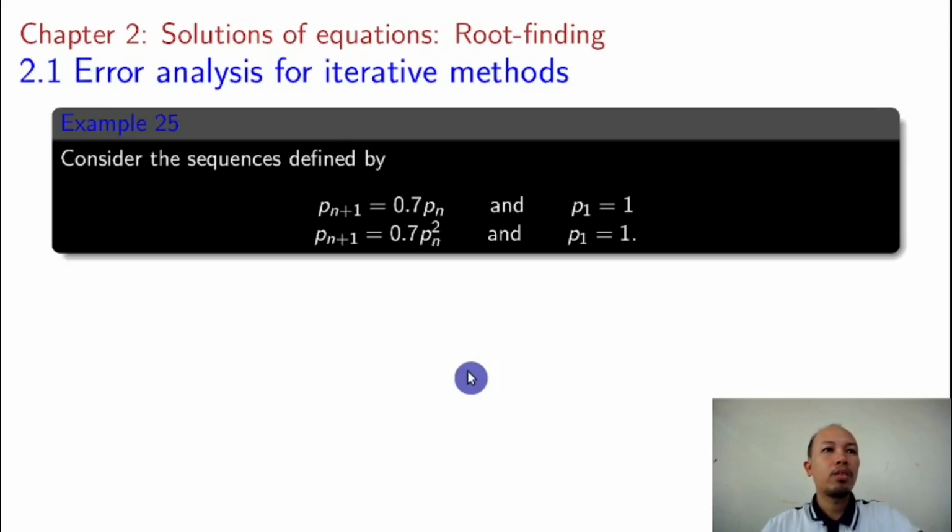Consider the sequence defined by this form: p sub n plus 1 is equal to 0.7 p sub n, and p sub 1 is equal to 1, which is given. And another sequence is this one: p sub n plus 1 is equal to 0.7 p sub n squared, and p sub 1 is equal to 1.